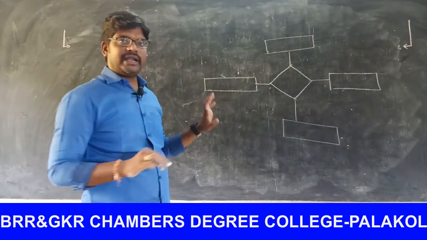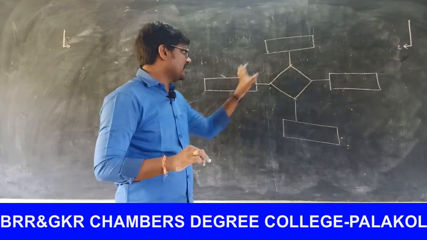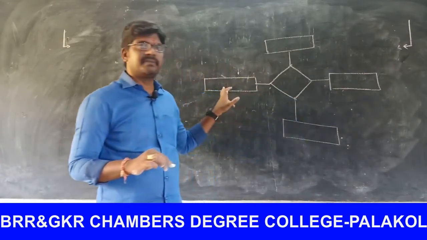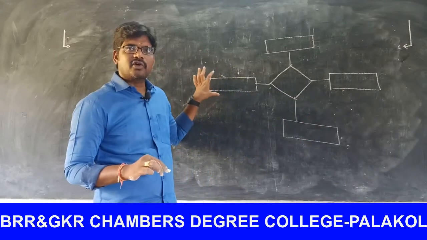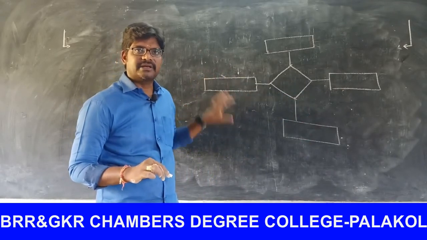Okay, so unary, binary, ternary and the quaternary. So here four types of relationships are presented. We call it as quaternary relationship. I hope you are understanding this concept. Thank you.